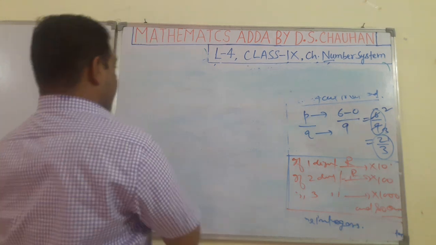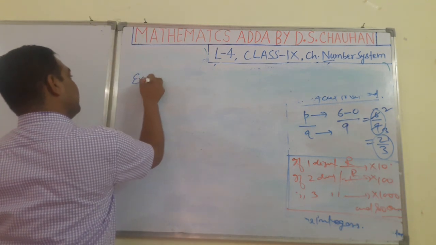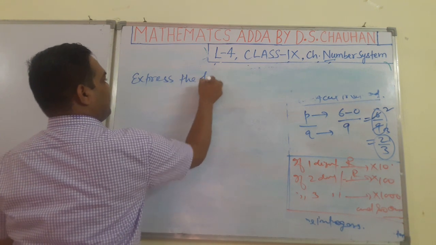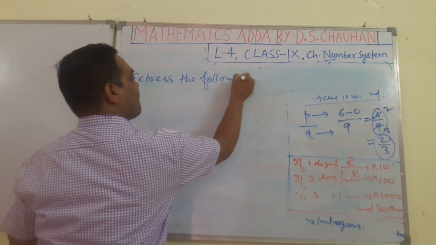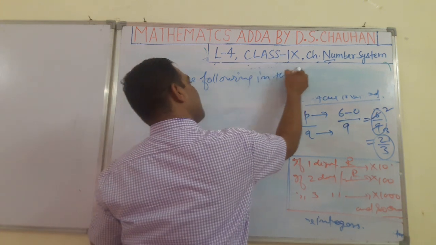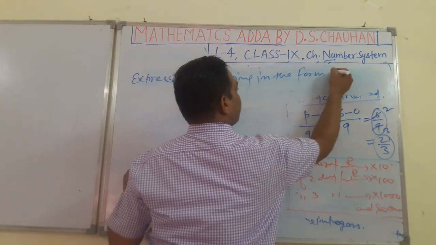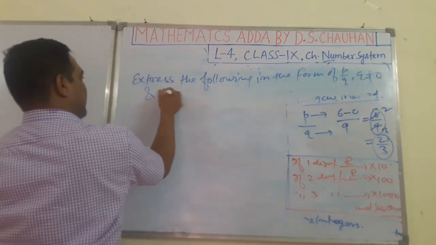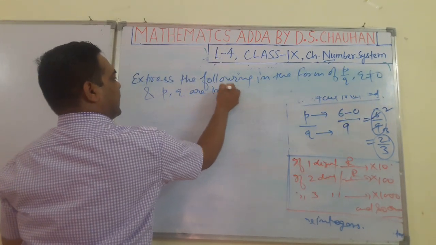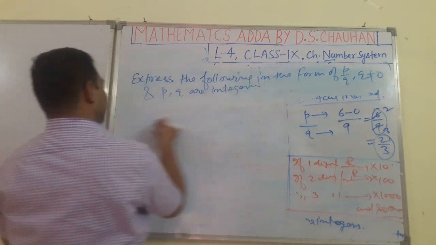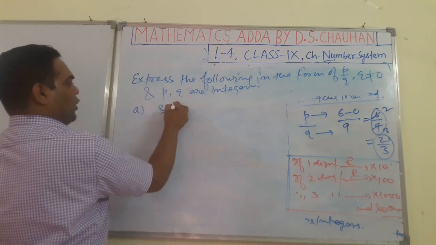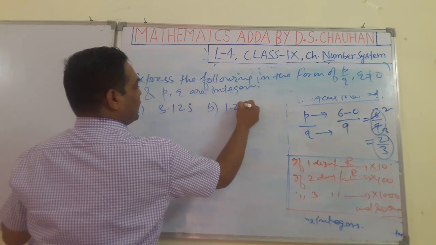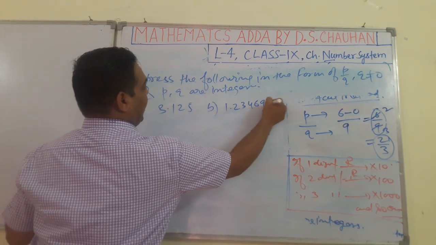See, students, now here is the question. Express the following in the form of p by q, where q is not equal to 0 and p, q are integers. These are numbers here. A, 3.125, B, 1.23469.